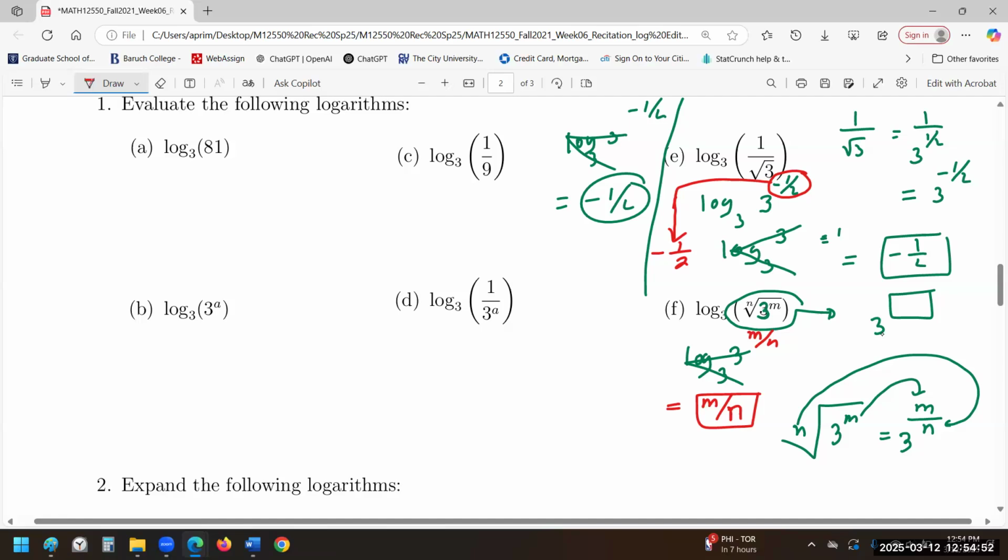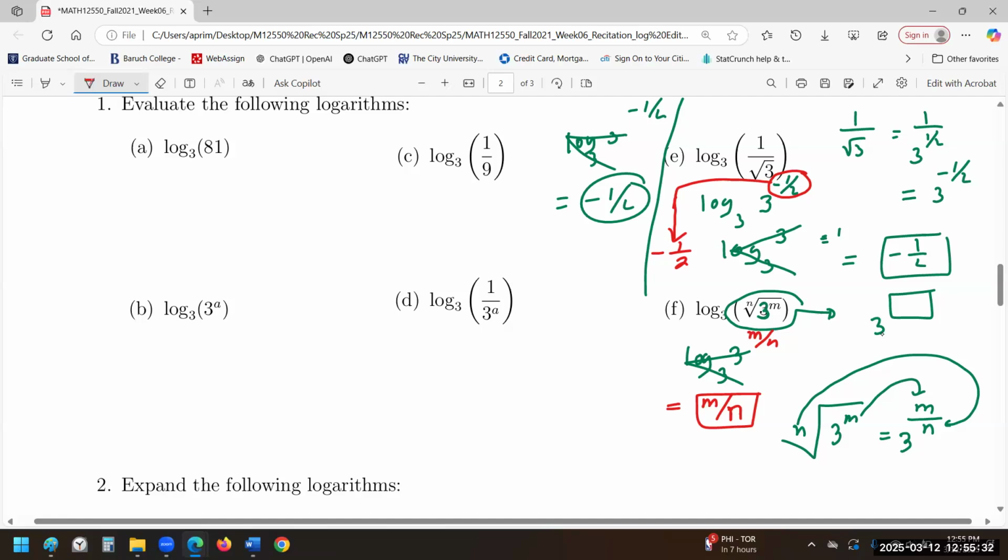That means we want to rewrite 81 as 3 to some power. Is 81 equal to 3 to some number? What number? 4. So we rewrite 81 as 3 to the 4th power. And then you see you have the same base and argument, so they cancel out. So what's the answer for A? 4. So the answer for B is A, the answer for A is 4.